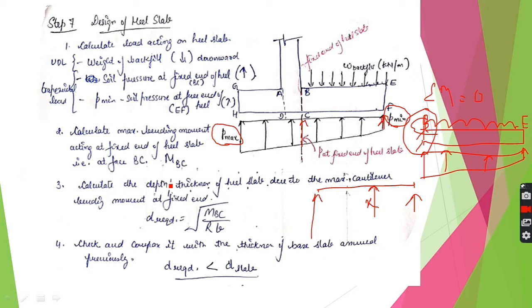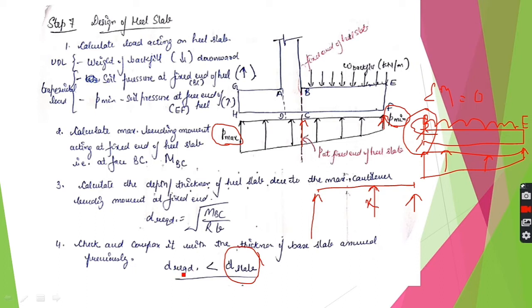So what we do, we calculate the depth required for this moment. What does this mean? For resisting this moment MBC, the minimum depth required for the base slab should be under root of MBC upon RB, and this value you have already assumed before. So this value D slab, which we assumed in step number 3, should always be more than the D required.